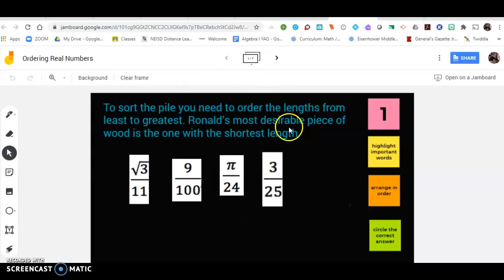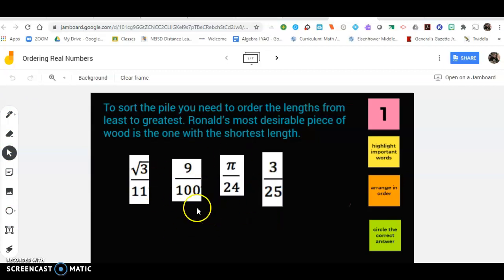So here's just an example. I have the problem number. I have the sticky notes that tell me what steps to follow. And over here on the left-hand side are the different options that I can use to help me answer the questions.